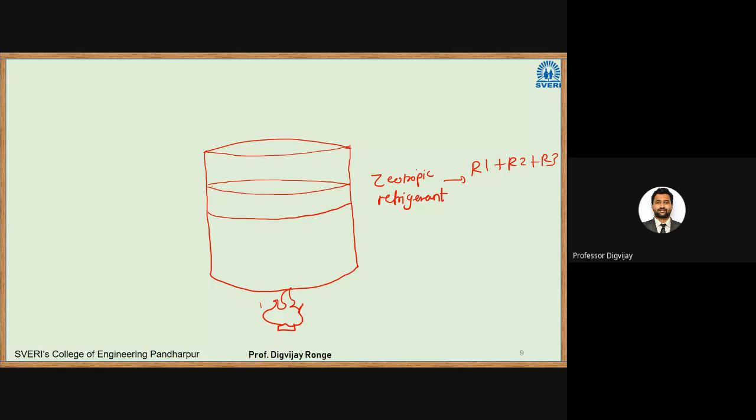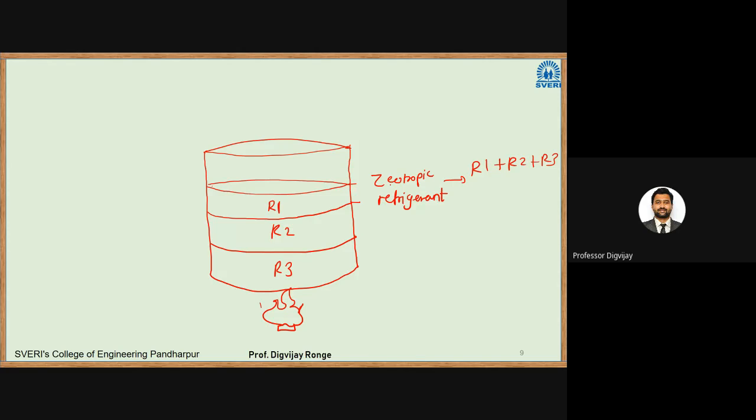R1 has the lowest boiling point, so it is converted into vapor first, followed by R2. Because there is a difference between the boiling points, after some temperature R1 is converted into vapor. If I heat more, then R2 will be converted into vapor, and this will accumulate in between. Because of density difference, we can clearly see these three components forming different layers.